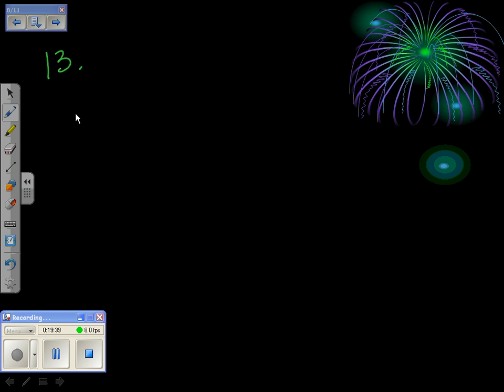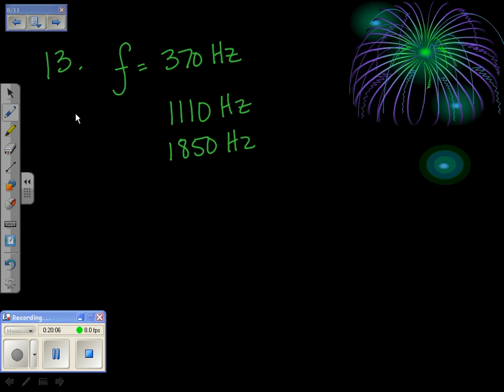Number 13 tells us that Joy is the church organist and she has a fundamental frequency of 370 hertz. It also tells us that the first two overtones are 1,110 hertz and 1850 hertz.